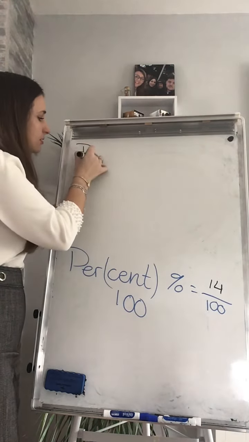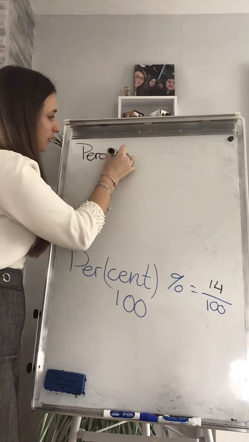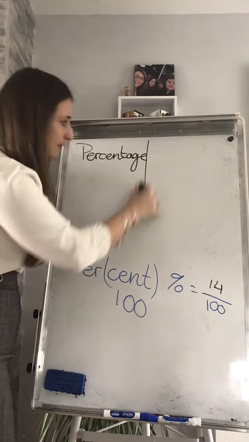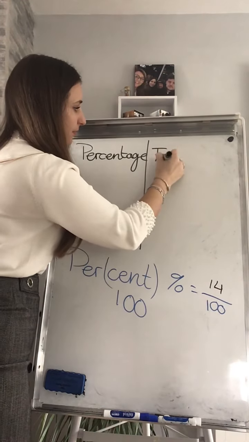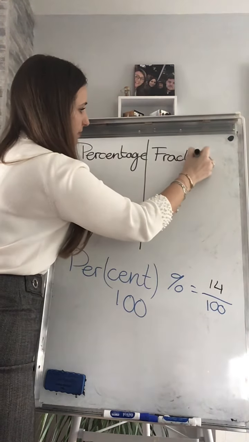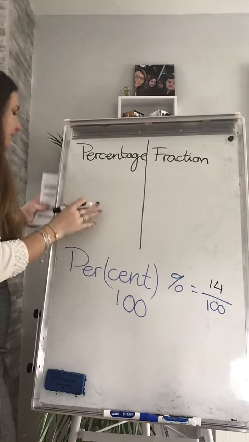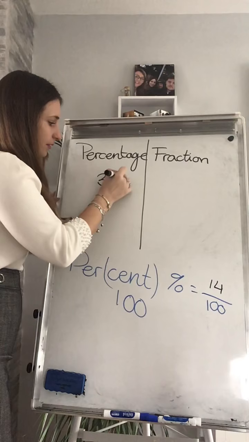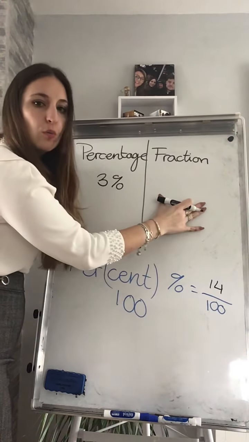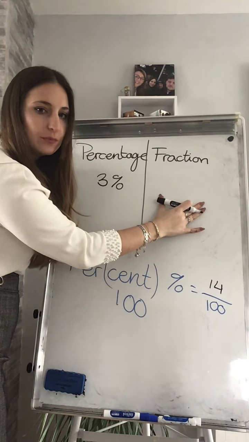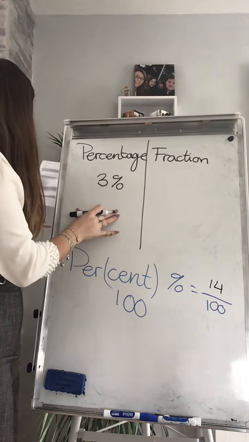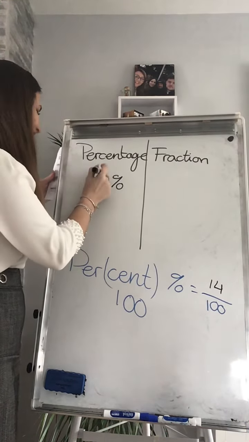You will have a table which has percentage, and then another section for your fraction. If I have 3%, what will be my fraction in your book? Not 3%, because that's your Do It, sorry.